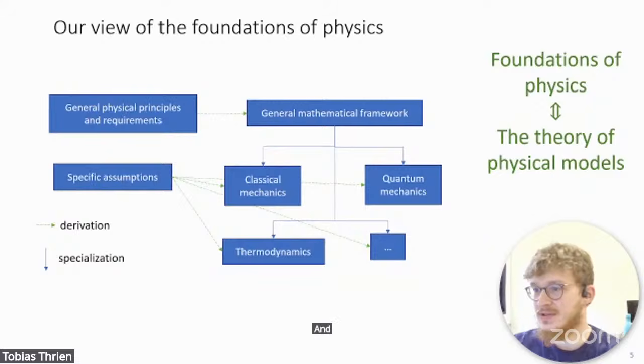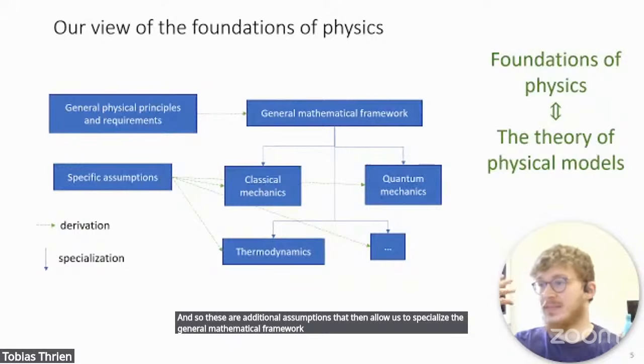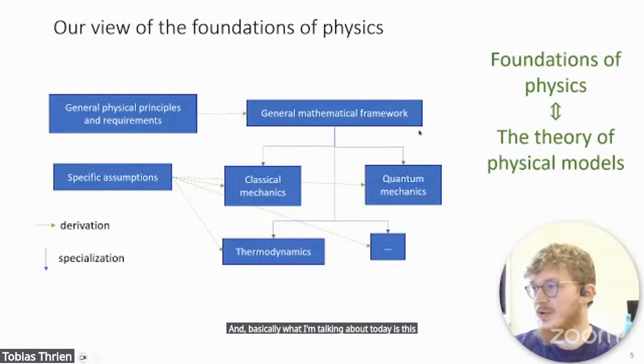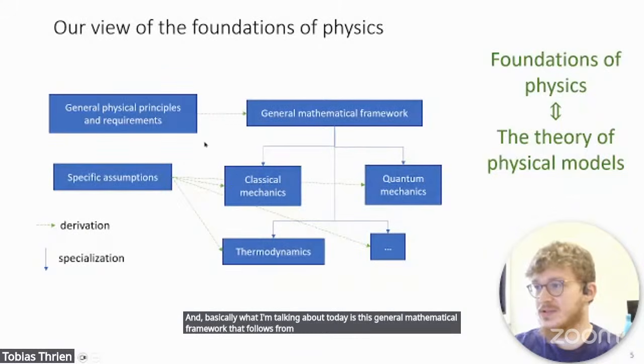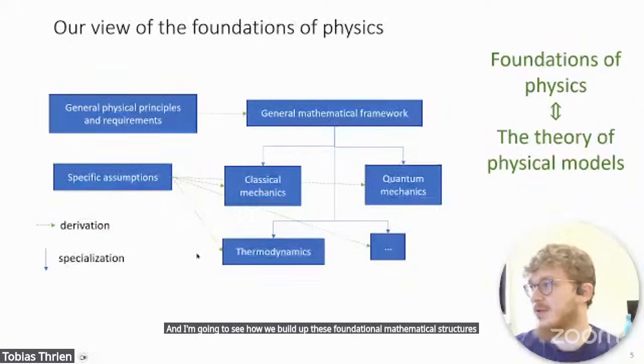These are additional assumptions that then allow us to specialize the general mathematical framework. What I'm talking about today is this general mathematical framework that follows from general physical principles, and how we build up these foundational mathematical structures from physical requirements.